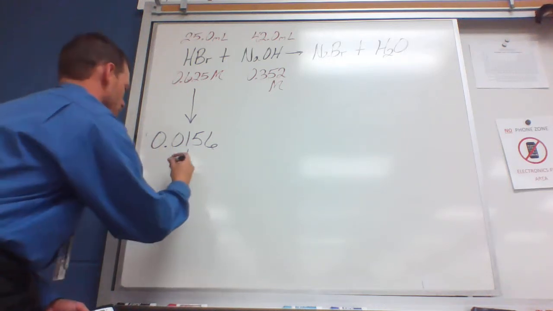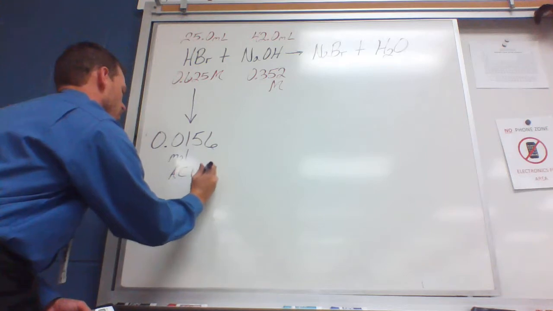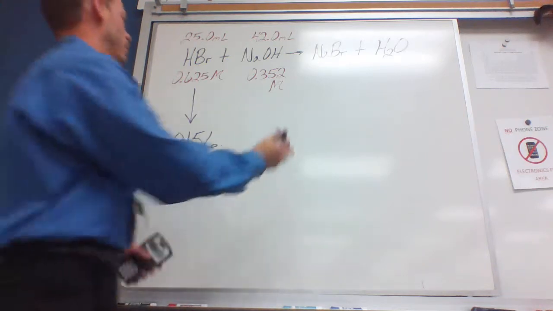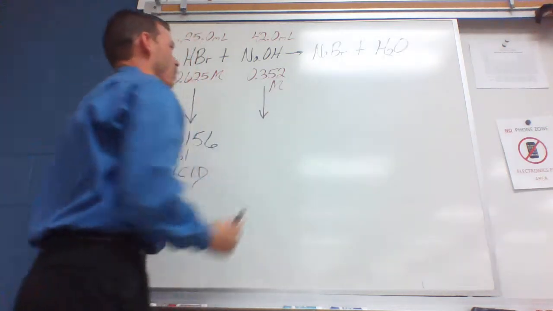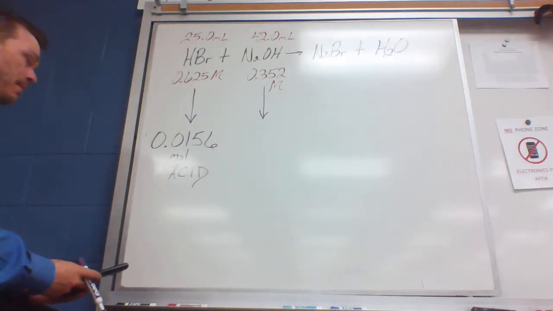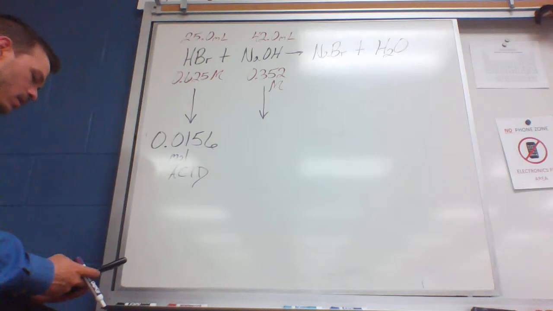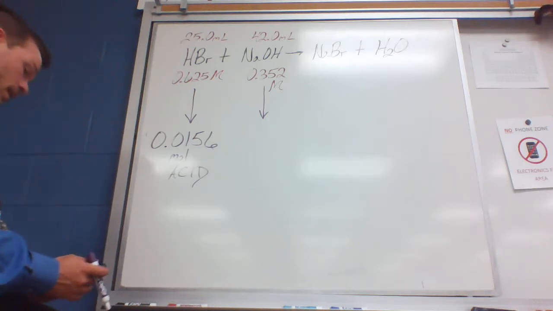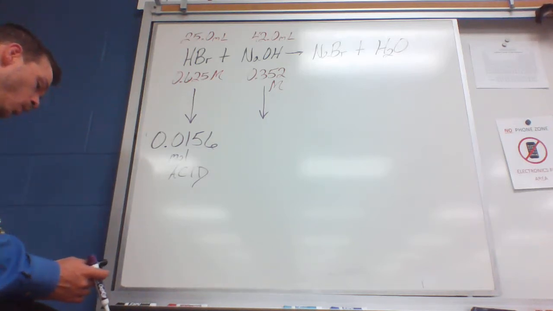All right, so let's find out the mole count of the other reactant. 0.042 times 0.352 to 3 sig figs is going to be 0.0148.